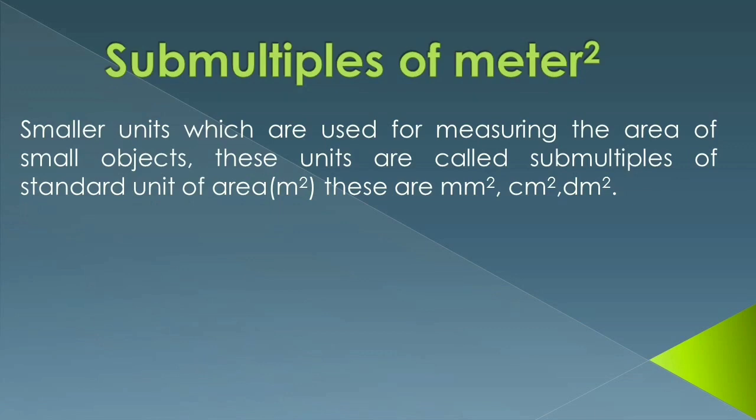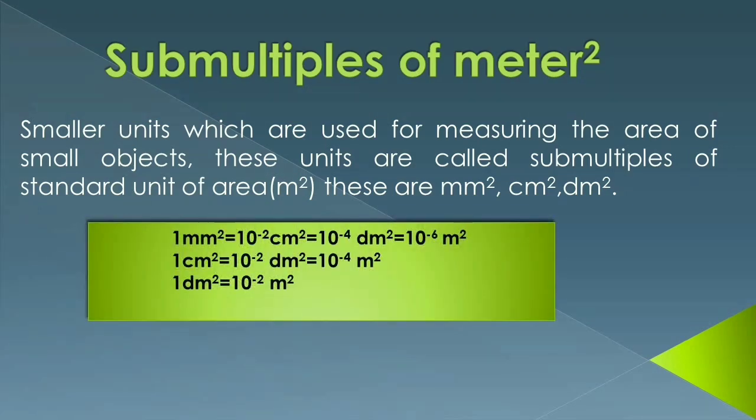So the smaller units which are used for measuring the area of small objects are called the submultiples of the standard unit of area, that is meter square, and these are millimeter square, centimeter square and decimeter square. Here we will see the conversion of these units also. 1 millimeter square is equal to 1 upon 100 centimeters square, that means we can write it 10 to the power minus 2 centimeters square.